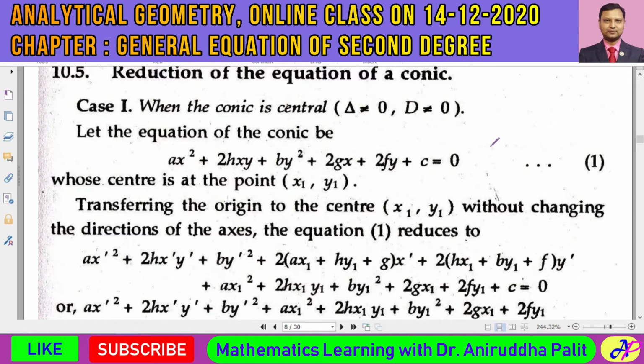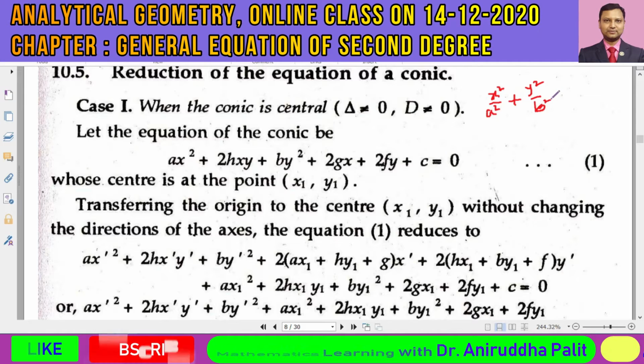We know that the canonical form of an ellipse is this kind of expression, x square by a square plus y square by b square is equal to 1. This is the standard form of an ellipse, and if in place of the plus sign we have a minus sign, then we shall have a hyperbola. So these are the standard forms of a central conic.